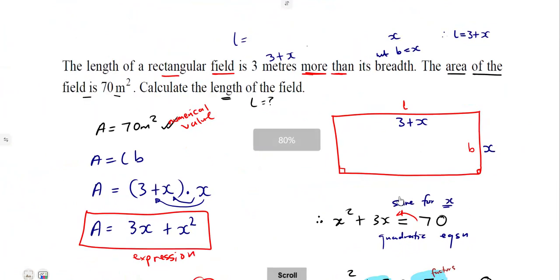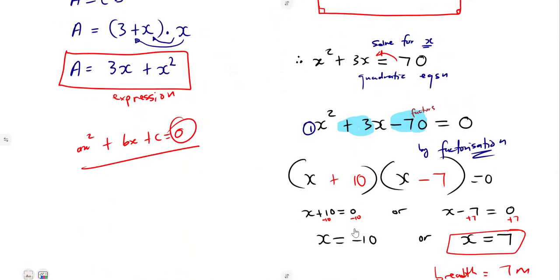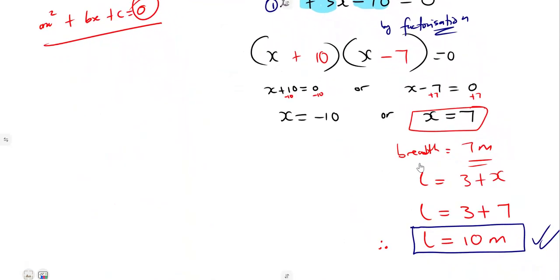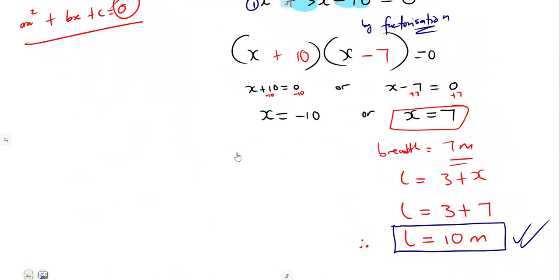So it must also make sense with the question that you're given. It must make sense, the value of x. So for x being a negative, you can ignore it. Take the positive value, then you use that value of x that you have taken. If our x is 7, representing the breadth, then the length is going to be 3 plus x, which is 3 plus 7. Then you've got 10.